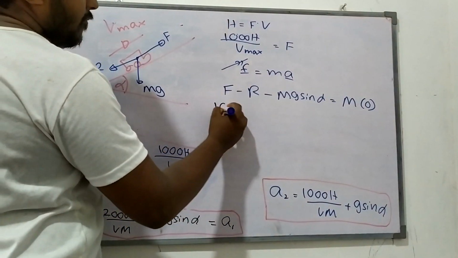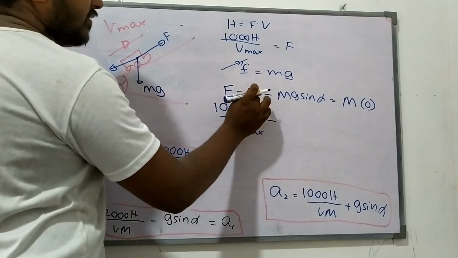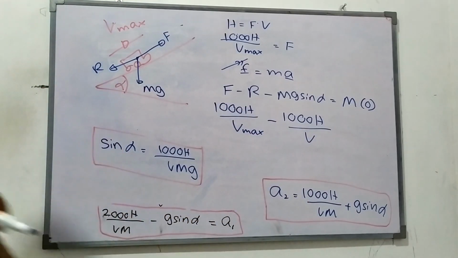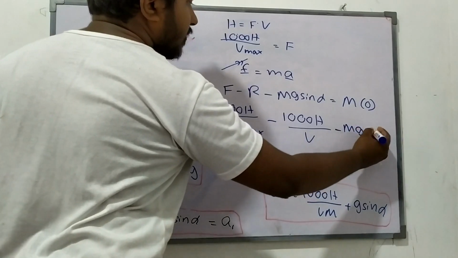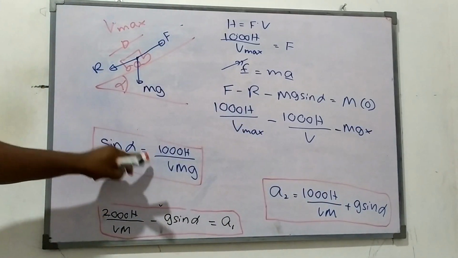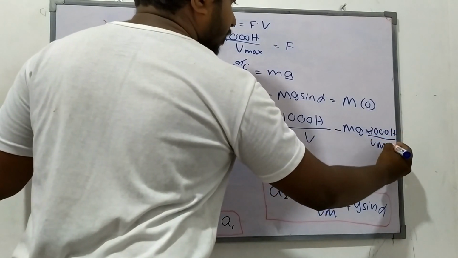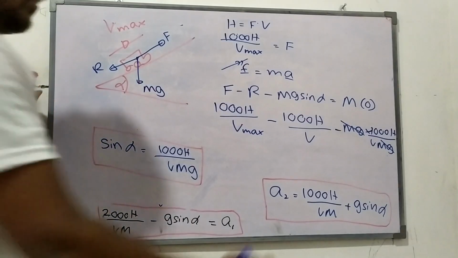F is 1000 H over v max, minus R, which means 1000 H over v, taken from the previous cases. So in this whole problem, the resistance is the same. mg sin alpha means 1000 H over v, so equal to 0.